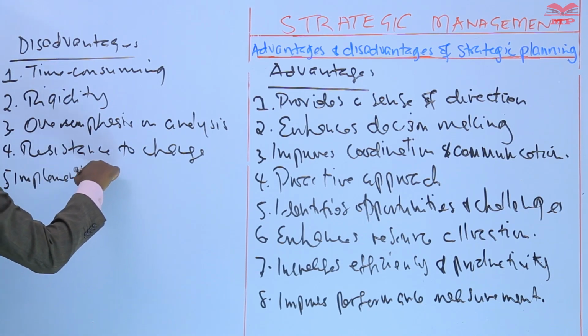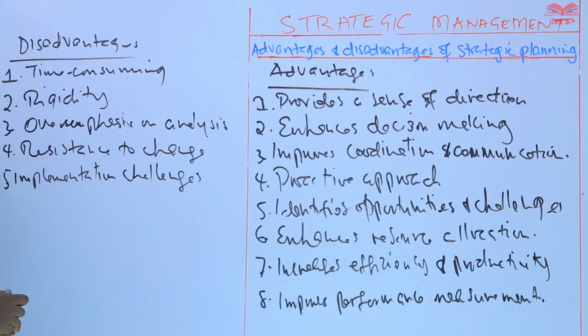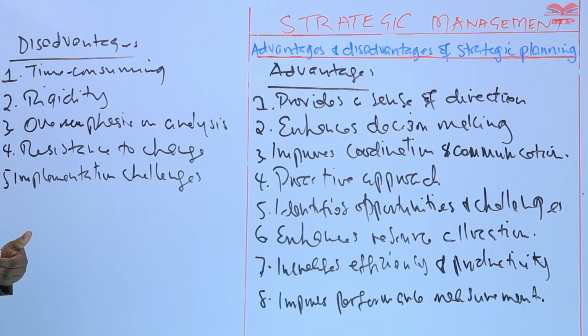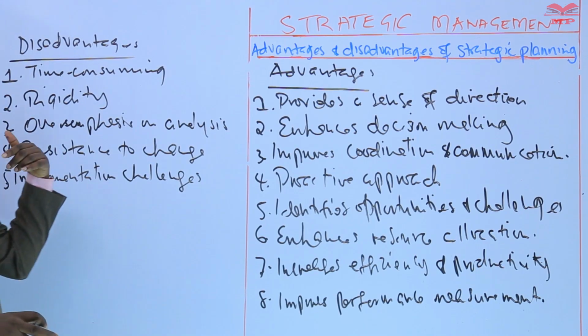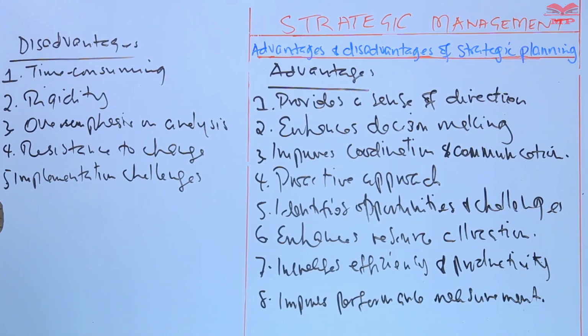Implementation challenges. Now, even the best laid plans can fail if they are not implemented effectively. So implementation challenges can arise due to lack of resources, communication breakdowns, or any other factor.